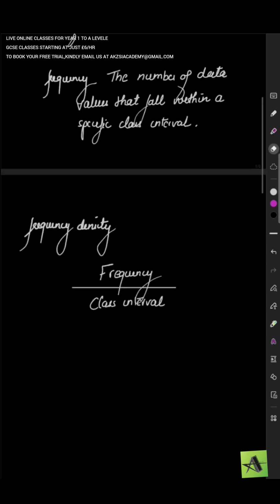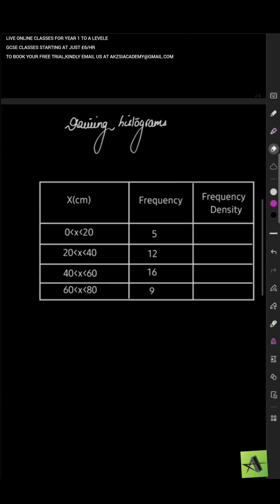So let me show you tabular data, where we have represented data in a table form, and the values of x are given in intervals. Say, for example, we have some potato bags of different weights.